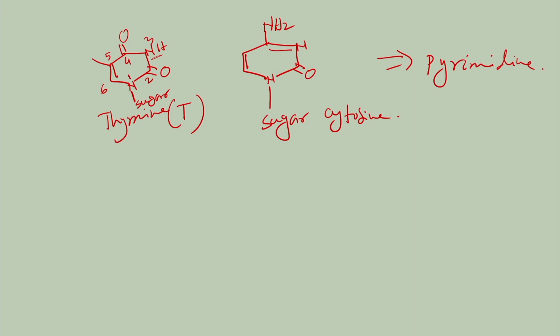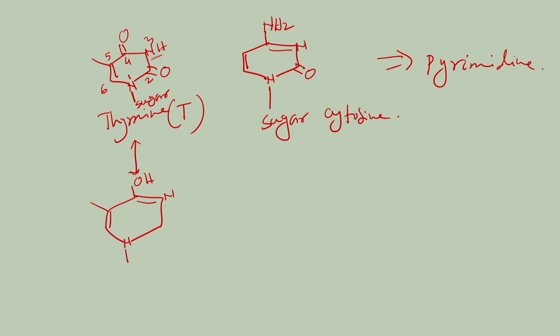These nucleobases are actually all aromatic in nature. How? If you look at their resonating structures, this form can exist in enolate form as well. Here you have a double bond O. So, you can have here N double bond, OH, methyl.